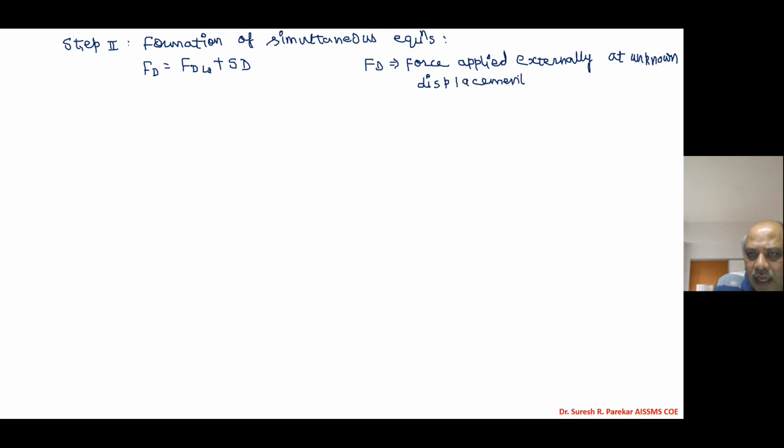Then we have FDL, the force at the unknown displacement due to external loads.